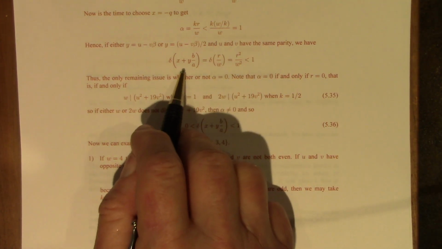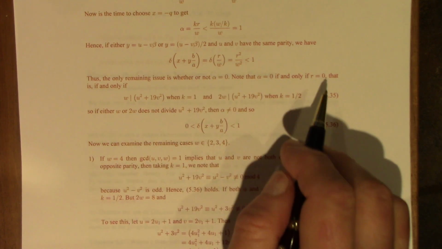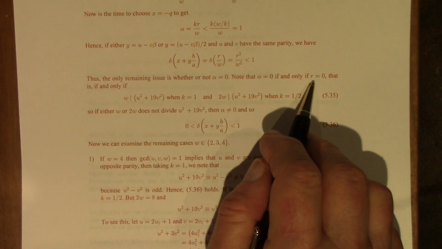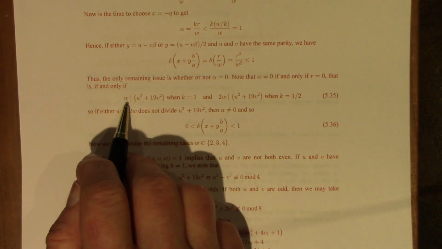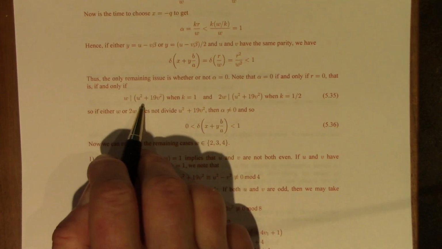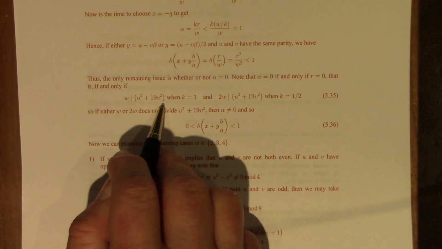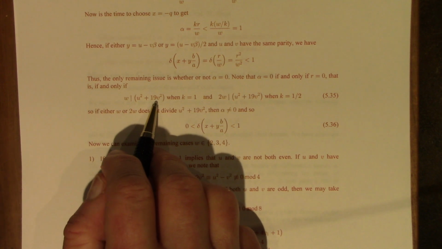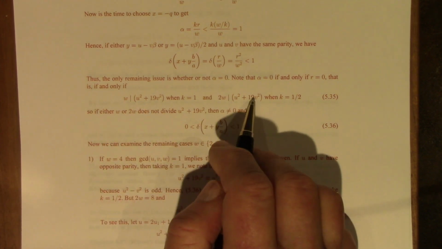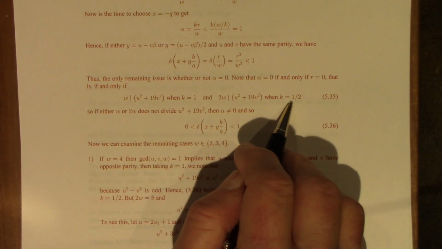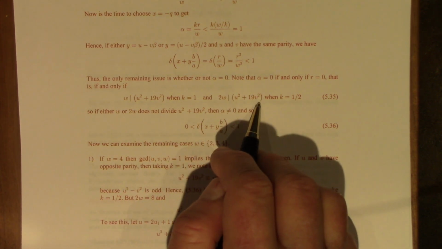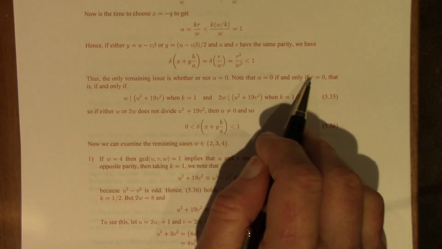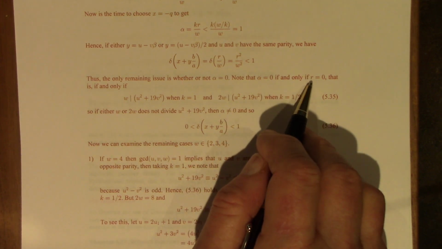Well, alpha here is equal to 0 if and only if r is 0. r is 0 if and only if either when k is 1, w divides this expression, the remainder is 0, or in this case, when k is 1/2, 2w divides this. Okay, r was the remainder in the division algorithm.